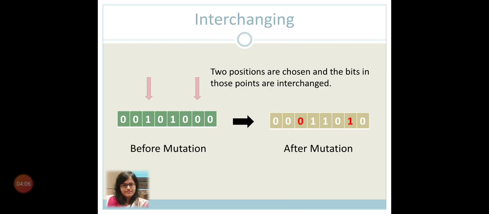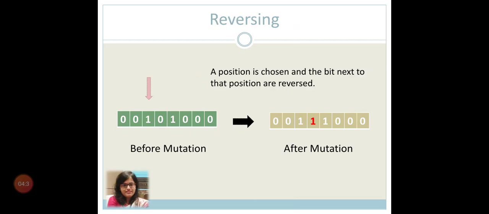If we interchange them, then at the third position the value will be 0 and at the 7th position the value will be 1. So before mutation the parent chromosome was 00101000, and after mutation the child chromosome is 00011010. This is interchanging, that is, 2 values are interchanged at 2 positions.